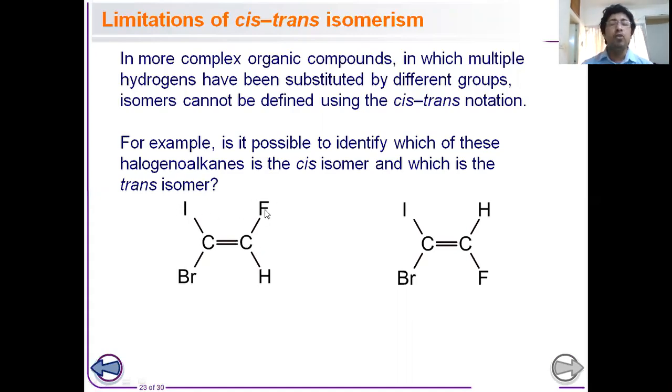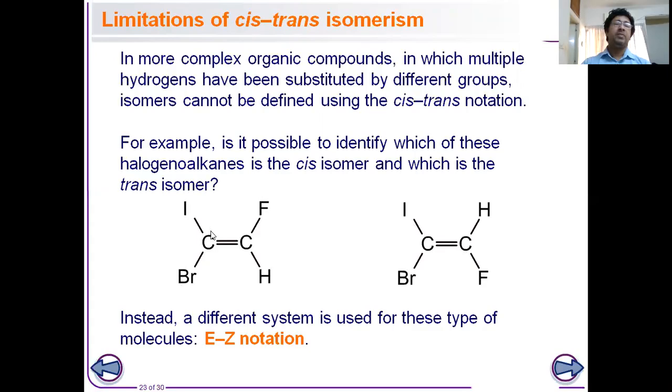So if the priority groups are on the same side, that is cis. If the priority groups are on the opposite side, that is trans. It is also called EZ type. That means cis types are called Z and trans types are called E. We do not need to mention E or Z. In Cambridge, instead of using EZ notation, if we write cis or trans, then that will be okay.